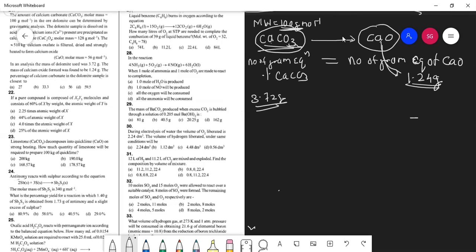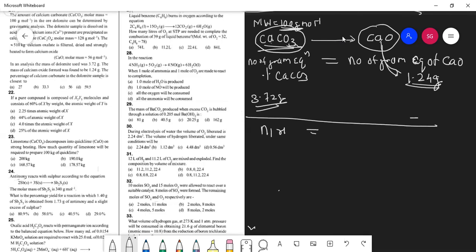Out of these three formulas, which formula can you use? If weight is given, what can we find? Moles. Second formula, very good. We can find moles. So can I use this formula here?